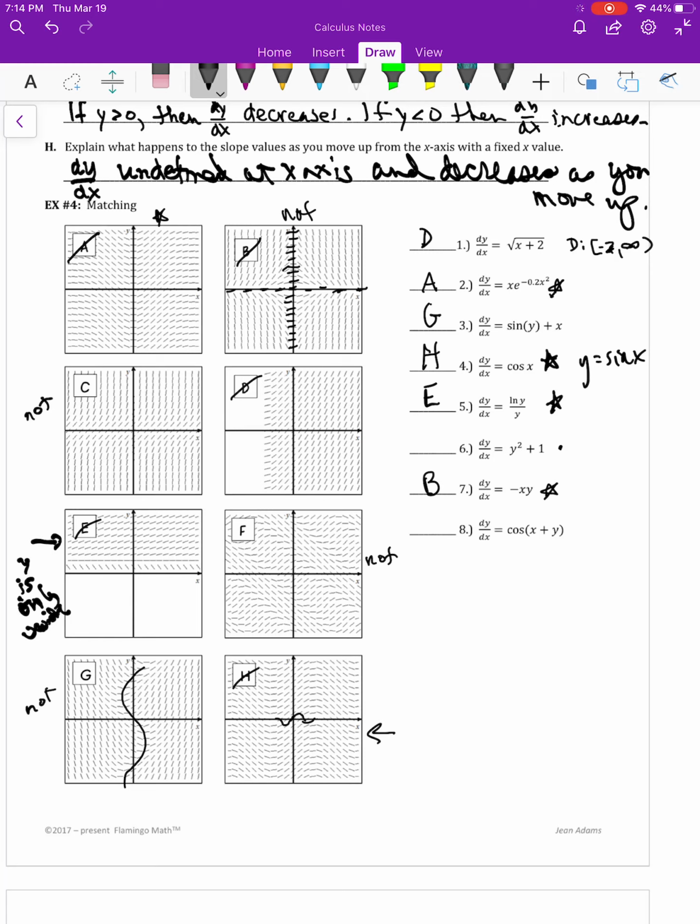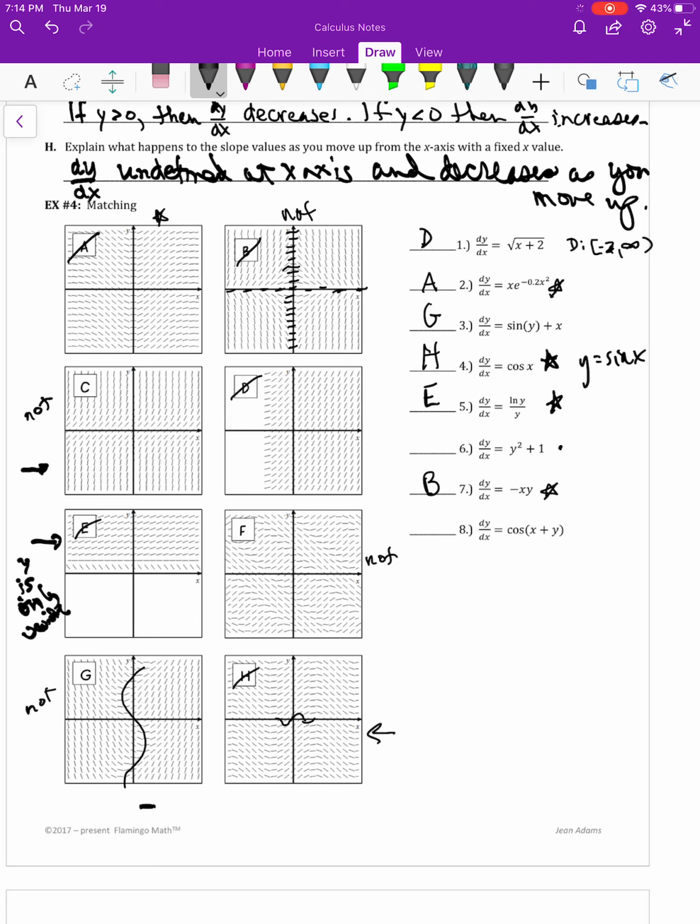You can also look at where their horizontals are. Anytime you see that horizontal, try to figure out which one that corresponds to. For number 6 here, y squared plus 1, that one only involves the y value. So is there one that has all horizontal?